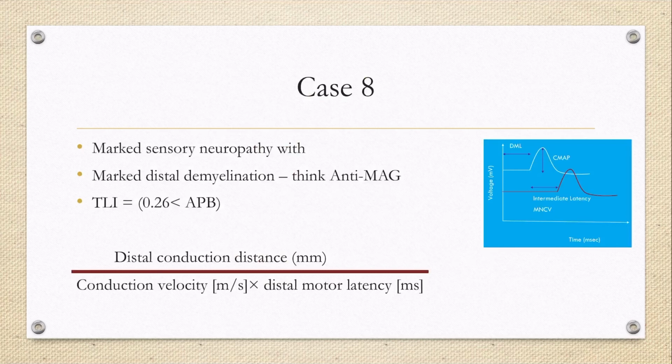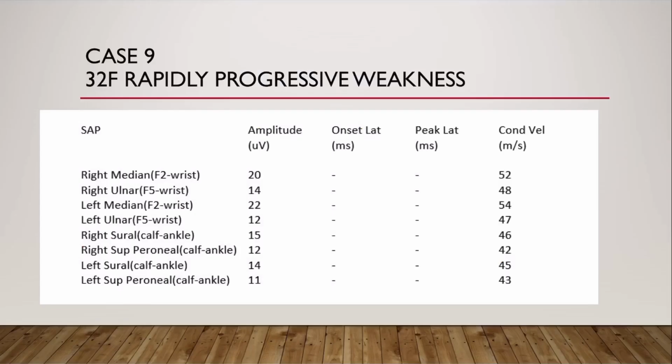It's basically the relationship between the distal motor latency versus the conduction in the intermediate segment, given by this formula. If that ratio is less than 0.26, then one has to think about such gammopathies like anti-MAG.